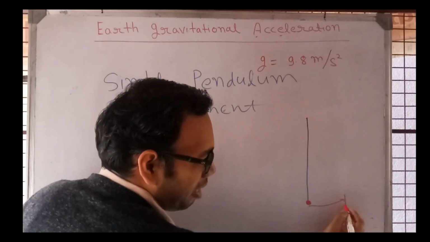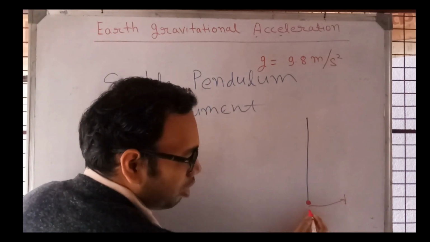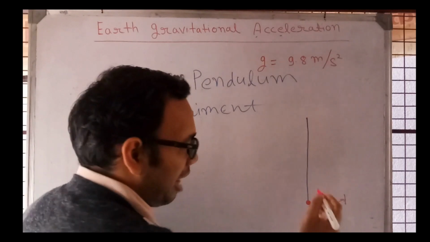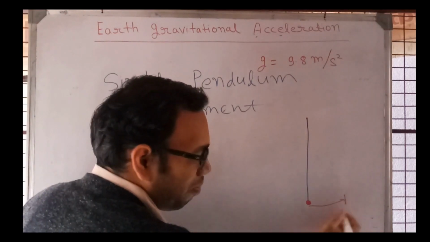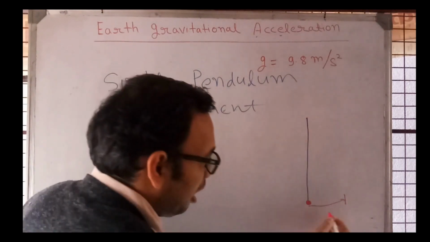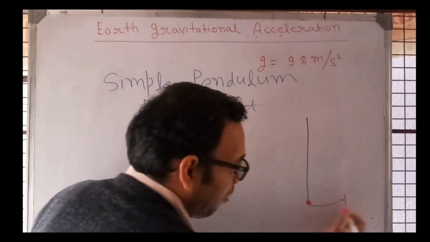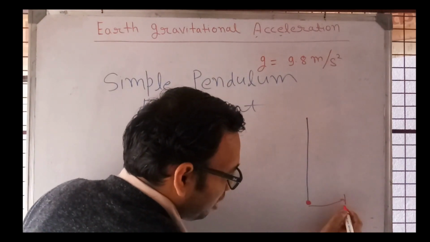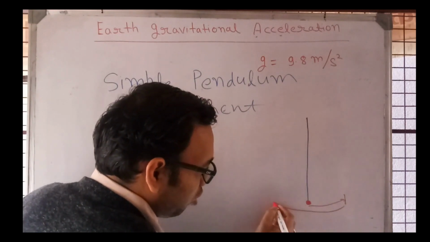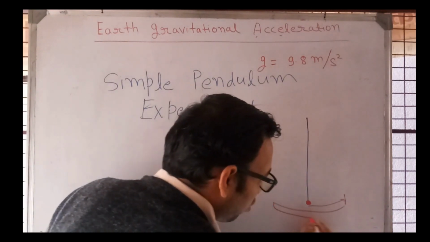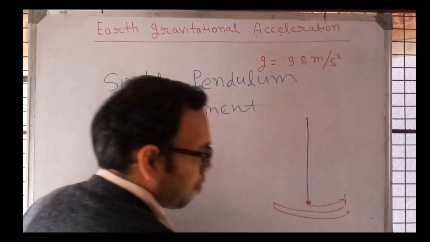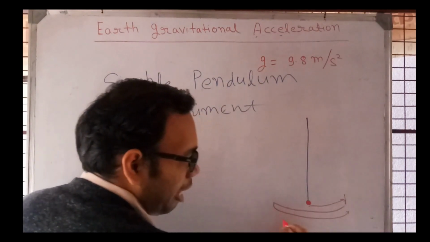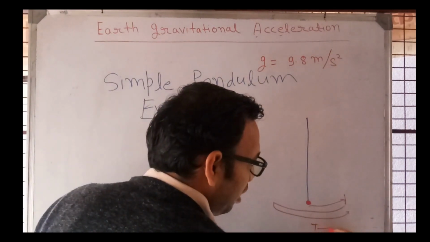Then it will try to come to a stop at the center, but because of its momentum, it will pass over to the other side. So we have to find the time period. Starting from here, it goes there, then again comes back to this position. This is the total time period.